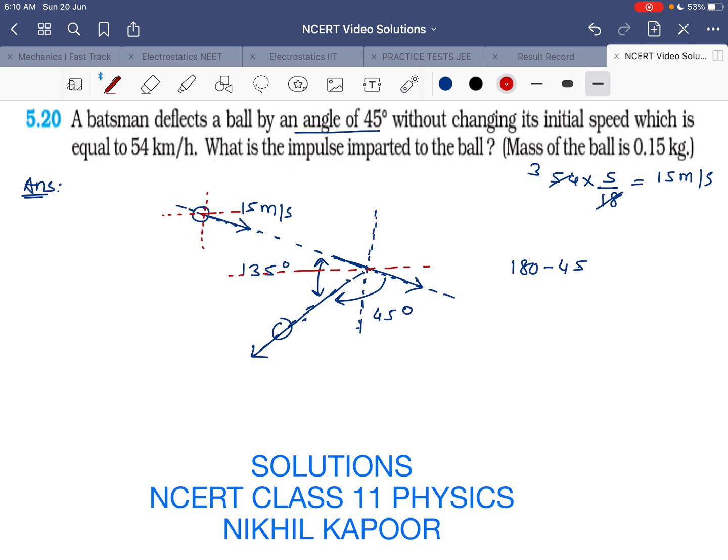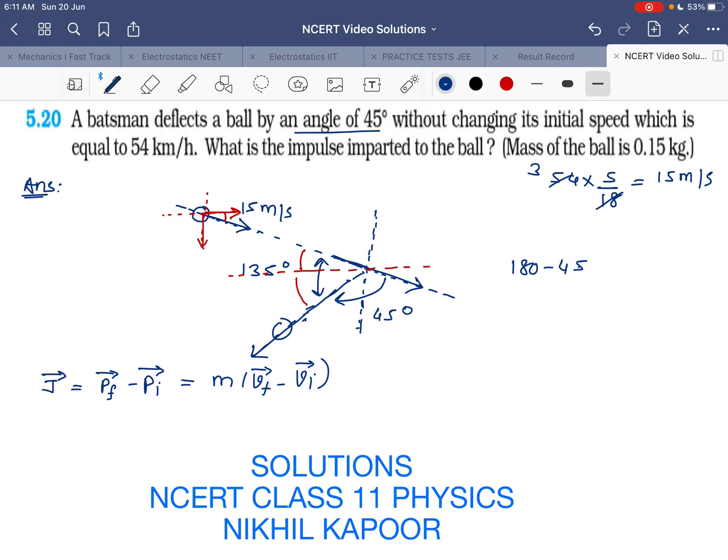If I resolve them, this angle is half of 135. So this angle would be theta. Impulse is nothing but final momentum minus initial momentum, or m into final velocity minus initial velocity.